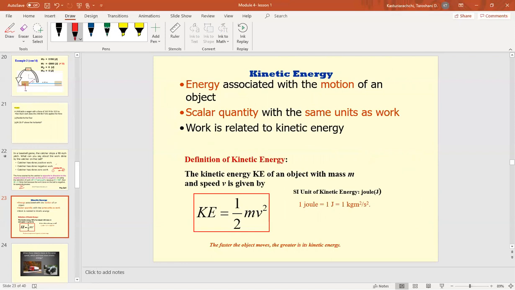Kinetic energy is a type of energy associated with motion. What that means is energy is with motion. If something is moving, we have this type of energy. It's a scalar quantity. Energy does not have a direction, and therefore it's a scalar. And energy has the same unit as work.